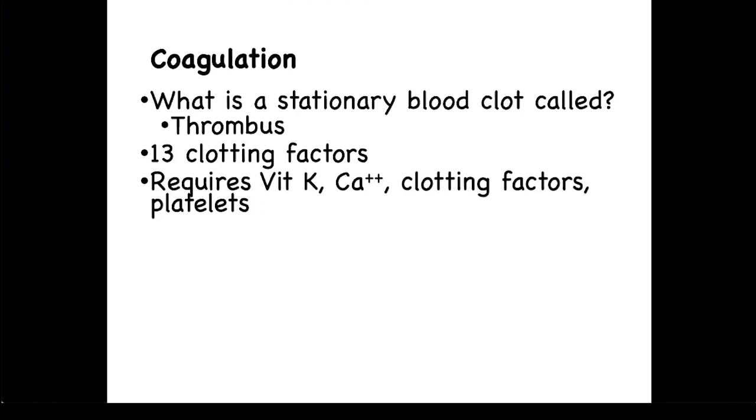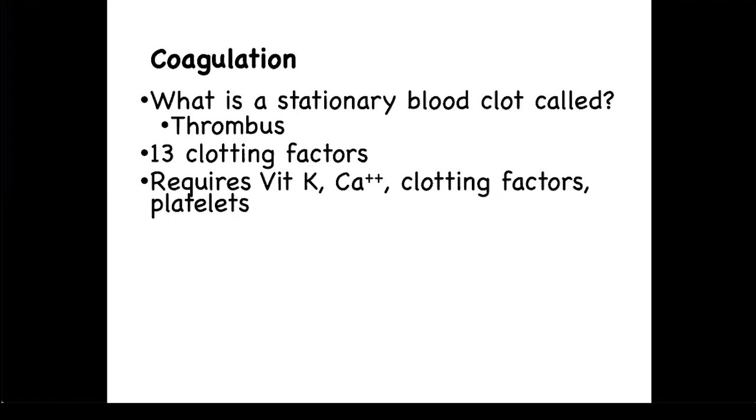Vitamin K, calcium, and the clotting factors, as well as platelets, are required for coagulation. Vitamin K is necessary to synthesize 4 of the clotting factors: 2, 7, 9, and 10.